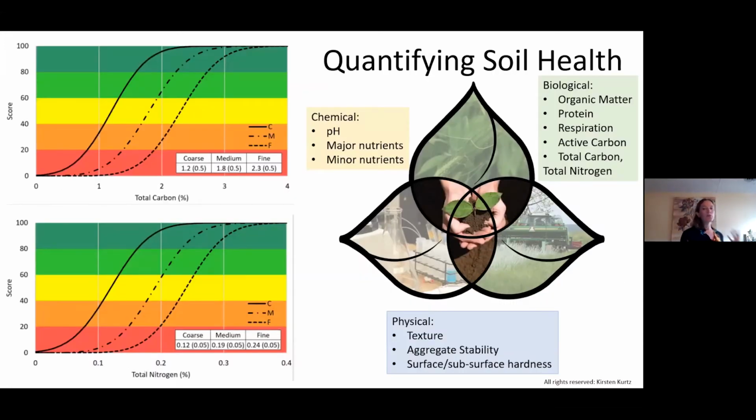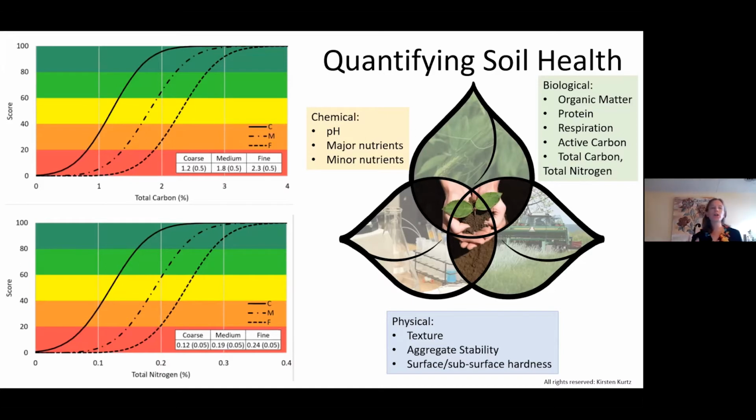And the way that we approach this in our lab is that we found these indicators that are highly changeable by management for the biological, physical, and chemical aspects. And you can see we have quite a few biological tests listed here. Some of those could arguably be included in the physical or chemical aspects also.